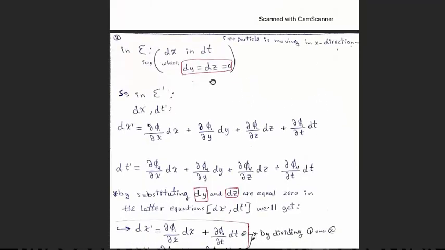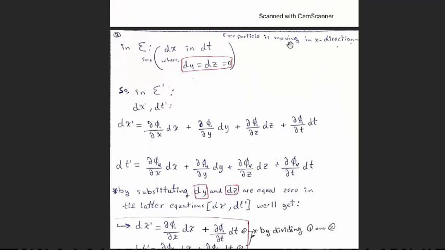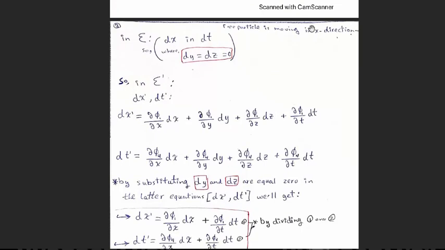Here the free particle is moving in the x direction. So in the frame sigma, dx is the distance and dt the time, and dy and dz equal 0, which is okay because it's only moving in the x direction.